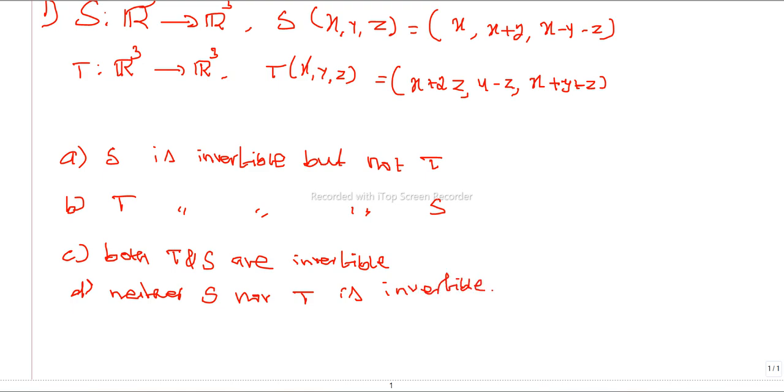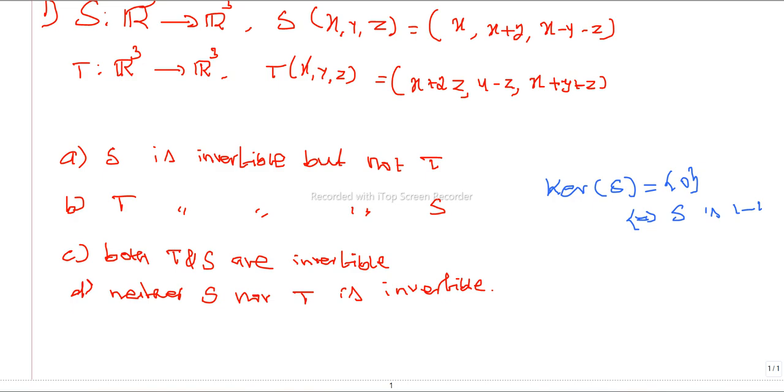So how do we check whether a linear transformation is invertible? We have to check it is one-one and onto. How to check one-one? Simply, the kernel of the map is the singleton 0. If the kernel of a linear transformation contains only 0, then the map is one-one.